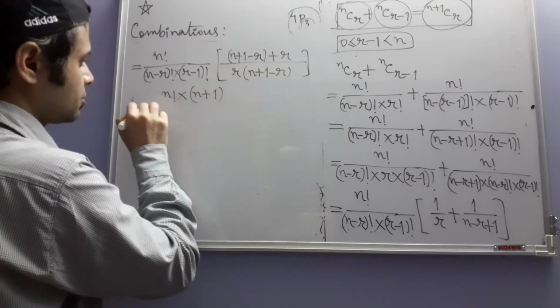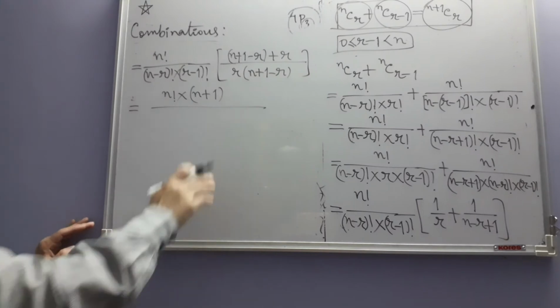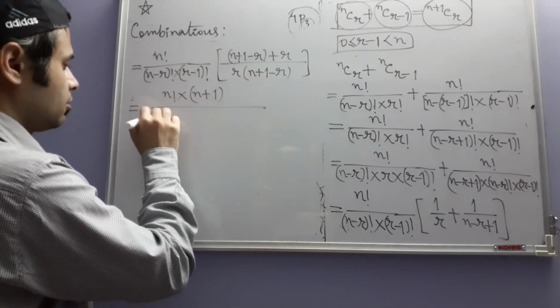So we have n plus 1, because minus r plus r cancel out.